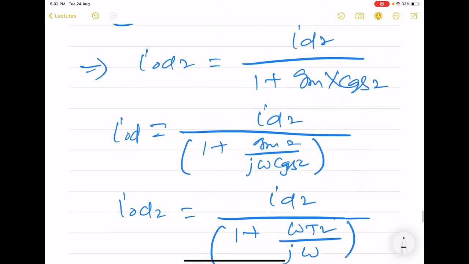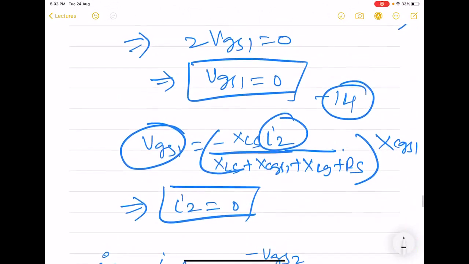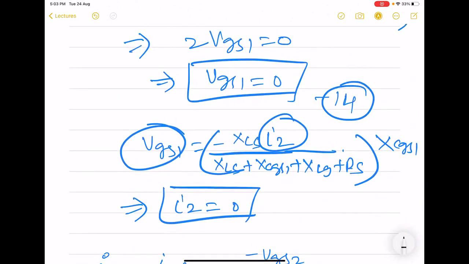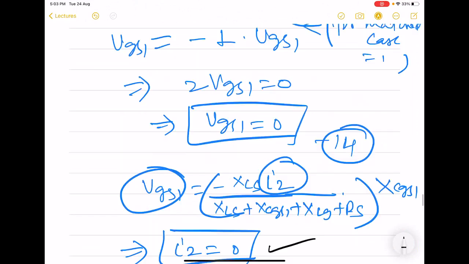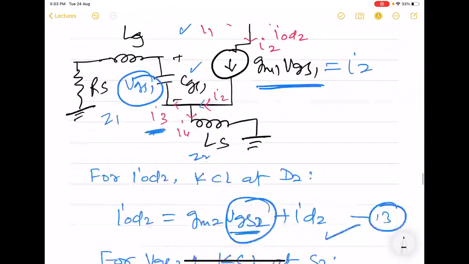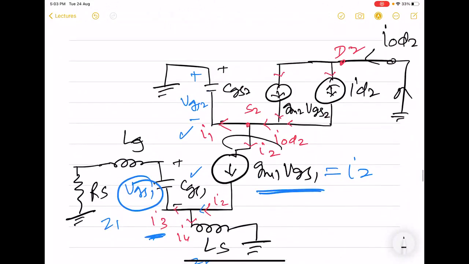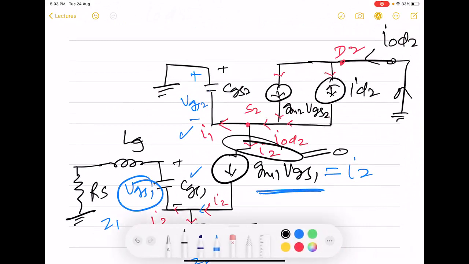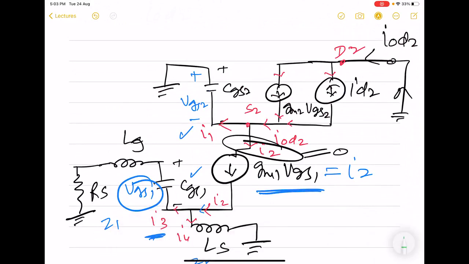So for reverse isolation, we can see that we have derived I2 is equal to 0 here. So for this circuit, this current is going to be 0. That means if there is something entering into this amplifier, it will not reach the output side.